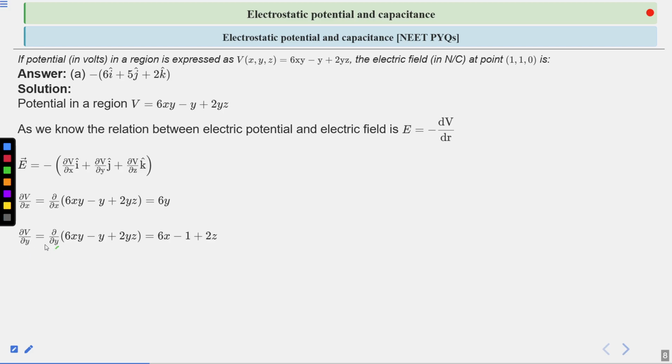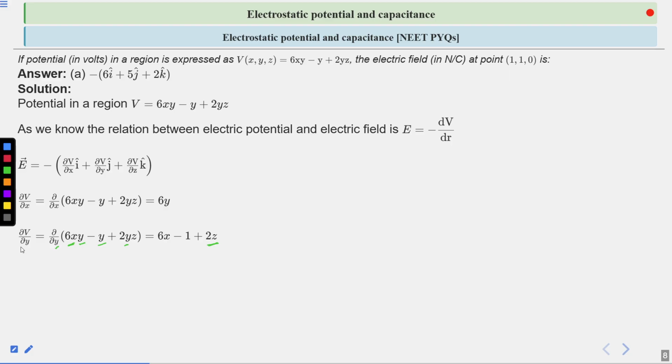After that, del V by del y, partial differentiation with respect to y. Now only y will be considered as variable, and x and z will be considered as constants. So 6xy with respect to y becomes 6x after differentiating, minus y becomes minus 1 because del y by del y is 1, plus 2yz: del 2yz upon del y, so 2z is constant, it comes out, and del y by del y is 1, so 2z.